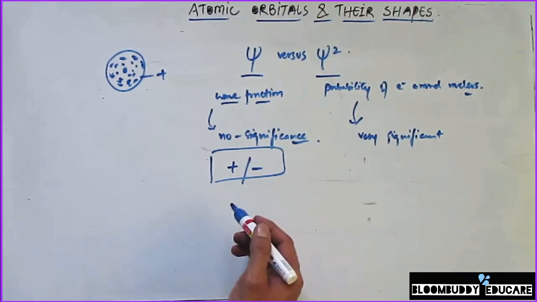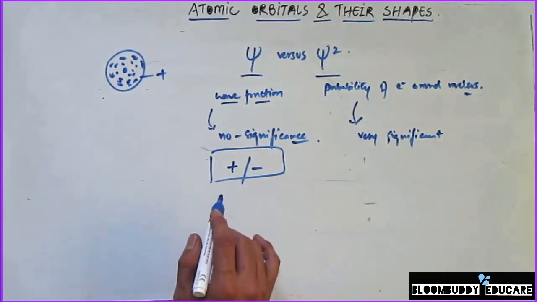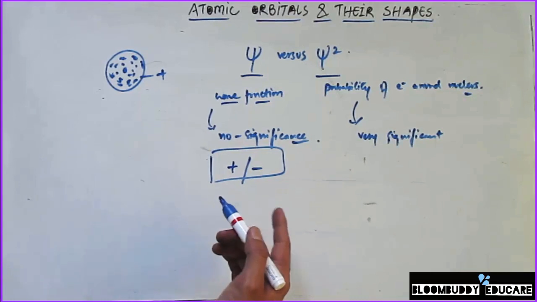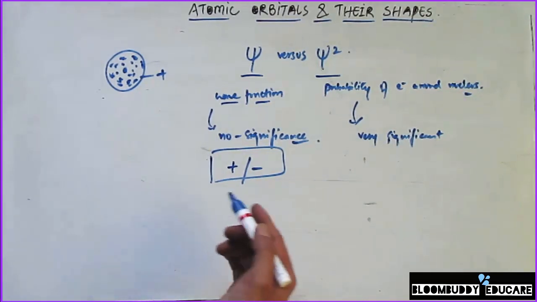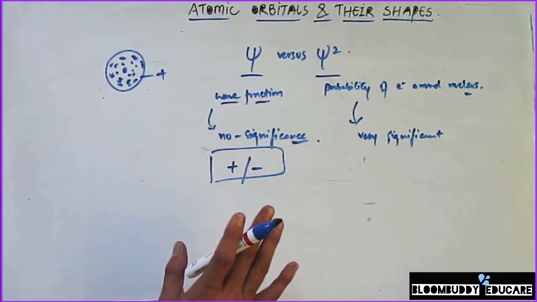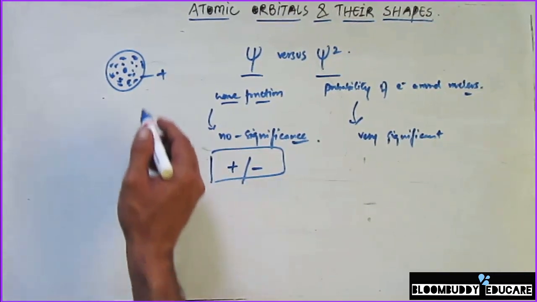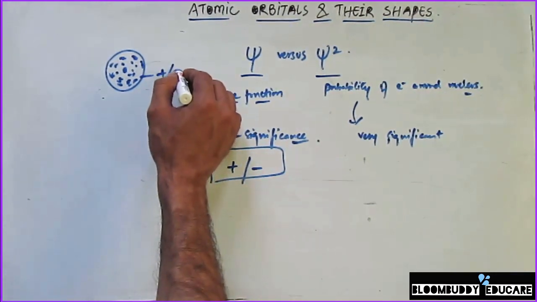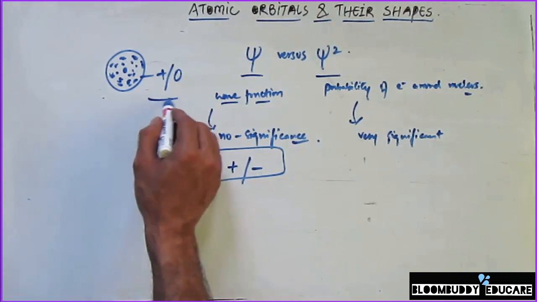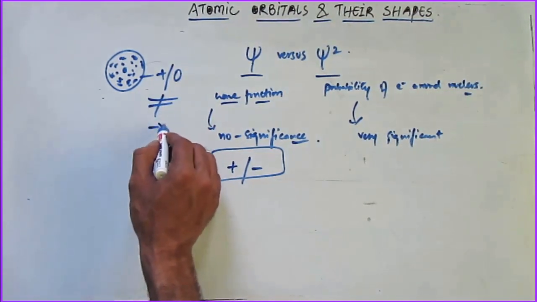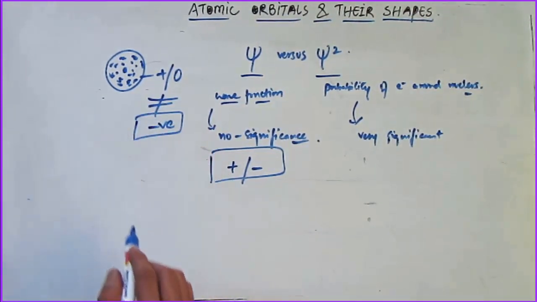But in real terms, the probability of finding an electron around the nucleus can be 0 or it can be positive, but it can never be negative. It should never have a negative value.